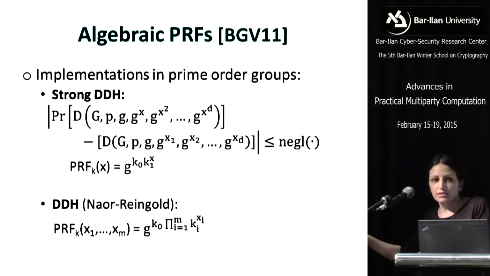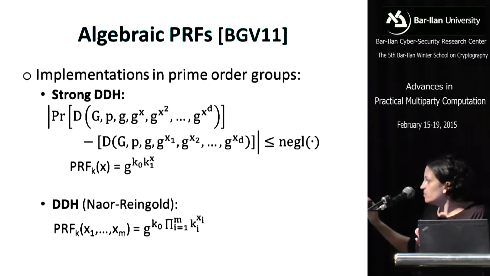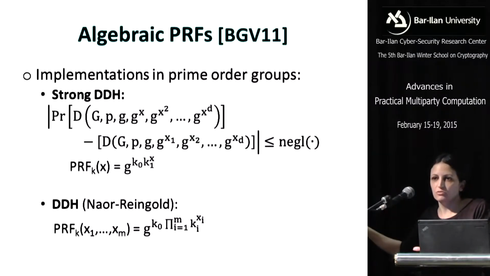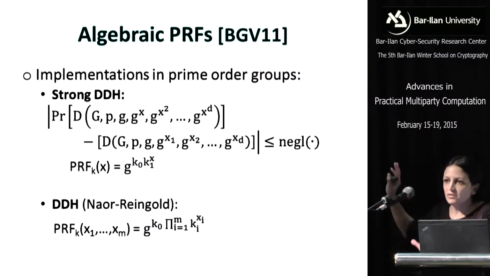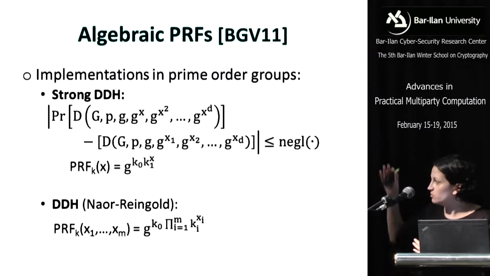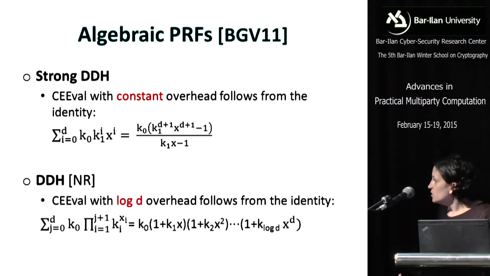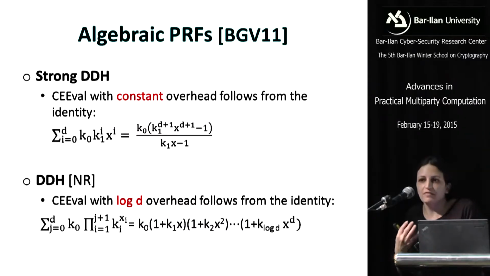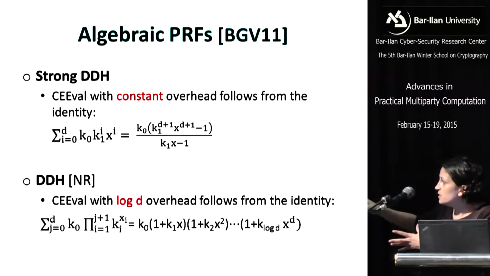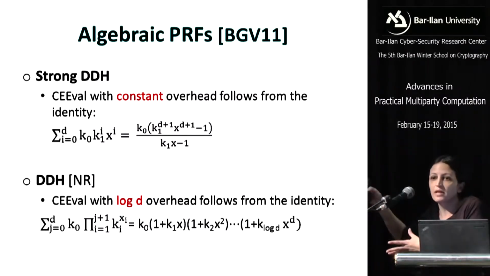The DDH-based construction is the famous Naor-Reingold DDH construction, which most people already know. Forget for now about these constructions. I will present a general framework, but for the concrete analysis, I will be considering these two assumptions. Just to give you the intuition of how the Eval function is computed, these two functions induce some algebraic formula.